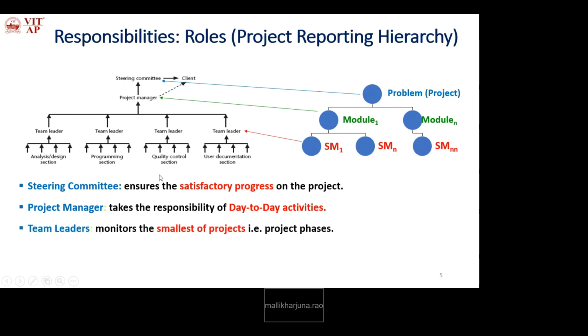Team leaders monitor the smallest parts of projects, at this level, in terms of project phases, such as analysis. Depending on the project type, we will further divide this analysis team. A number of analysts are working, and a number of designers, architects, engineers are working. This is the major group we have: the development team.